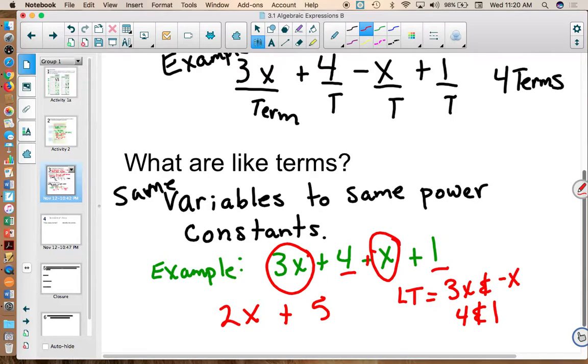If I was going to list my terms, I would say 3x, 4, now negative x, and 1. Because again, we had to add opposite there. See the lists and the way you would do it. Because I think you're going to have some of that where it's going to ask you to list the terms. Okay?